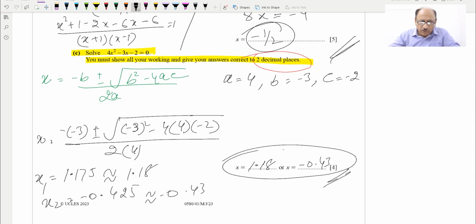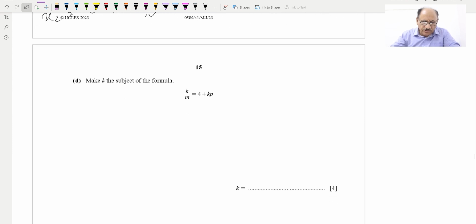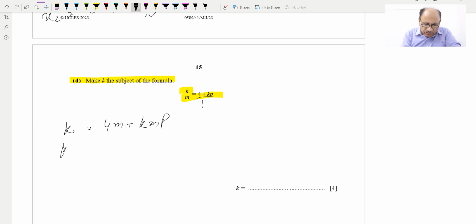Hopefully you understand this. Now for D part, they are saying make k the subject of the formula, and this is the equation provided. So we can first write this over 1 and cross multiply. So k is equal to 4m plus kmp, and now we can shift this to the other side, so it will be k minus kmp is equal to 4m.